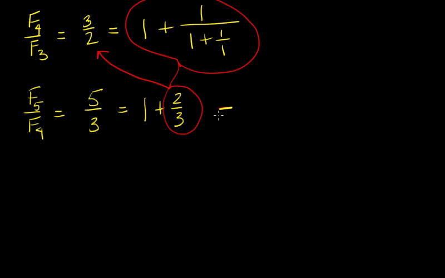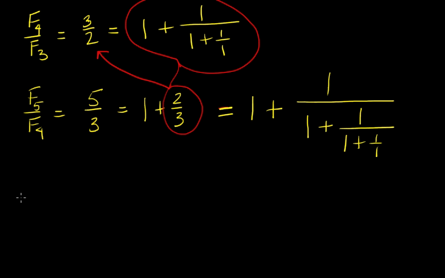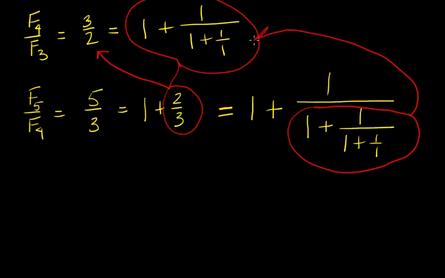Don't just copy it. This is 1 plus the reciprocal of the number before it, which is circled in red here. I'm just going to copy that number. 1 plus 1 over 1 plus 1 over 1. Look again. This number here is the number before it. So again, 1 plus the reciprocal of the number before it.